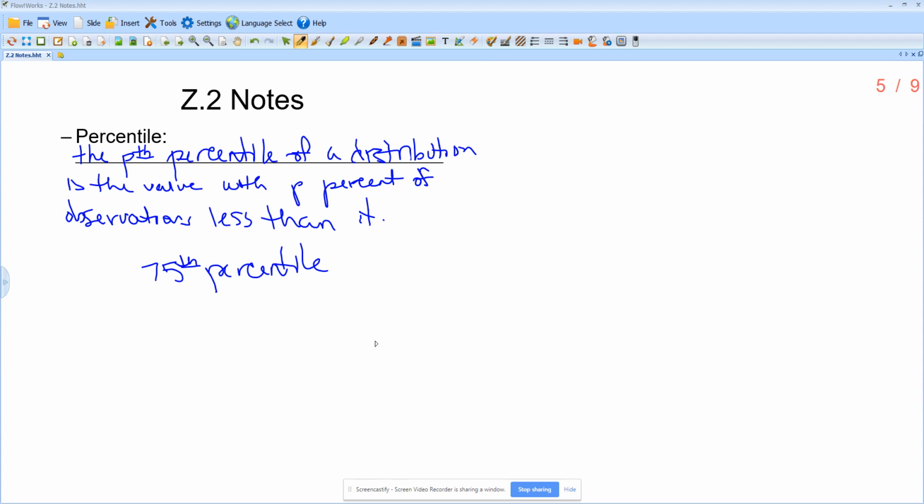think about this on a normal curve, so our 75th percentile, somewhere around, let's say here, so that's P being 0.75, 0.75 meaning 75%. That would mean that 75% of observations are below that.